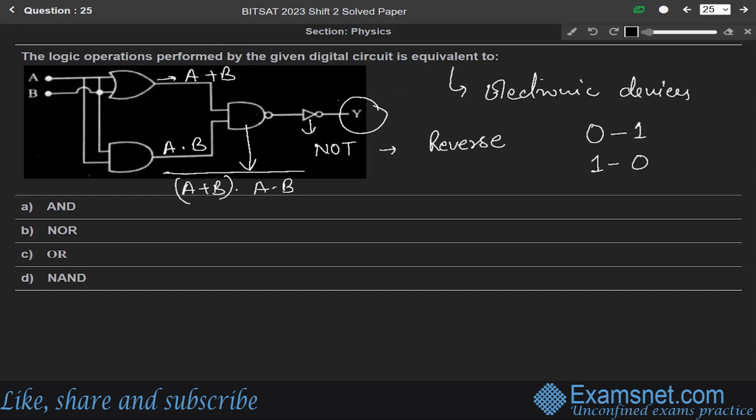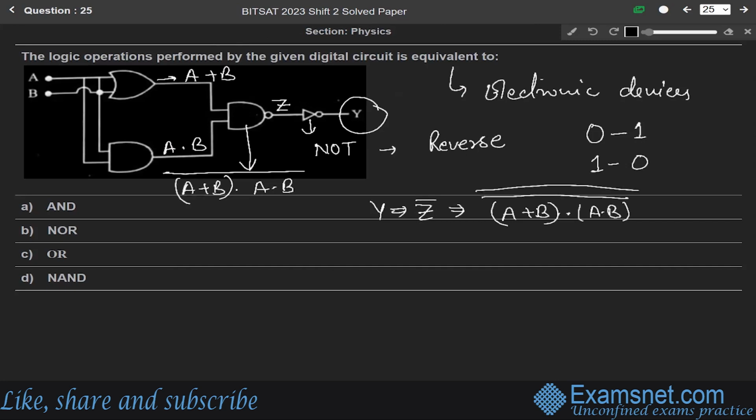So for this, we will get Y is equal to, let us say here, the output is Z. So we will get Y is equal to Z bar. So it will be (A plus B) dot (A dot B bar) whole bar.